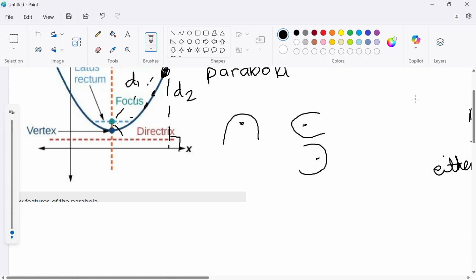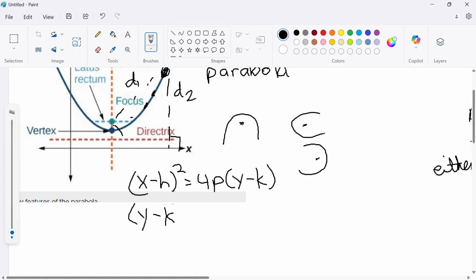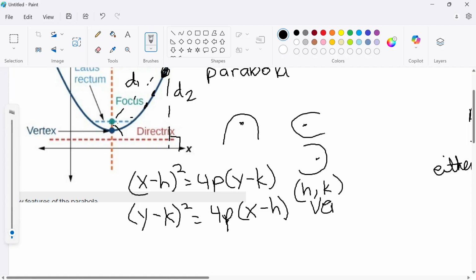If this thing is in vertex form, x minus h squared equals 4p times y minus k, or y minus k squared equals 4p times x minus h, then h, k, that point, is the vertex.